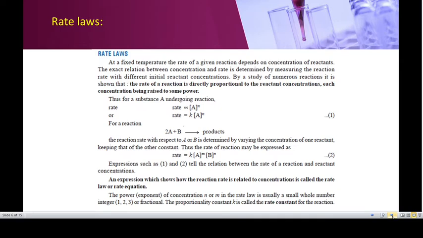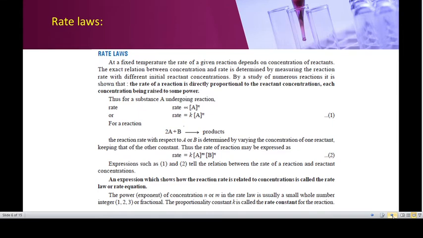That is called the rate law. So the rate of reaction is directly proportional to the concentration terms raised to some powers. In the case of a reaction where A gives rise to product, the rate is proportional to [A] to the power n, or rate is equal to k into [A] to the power n.